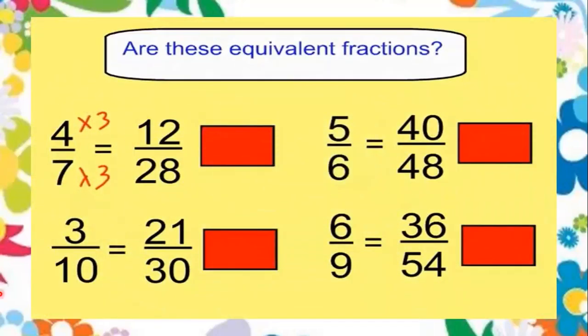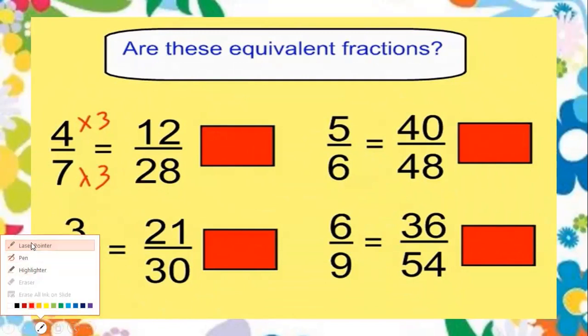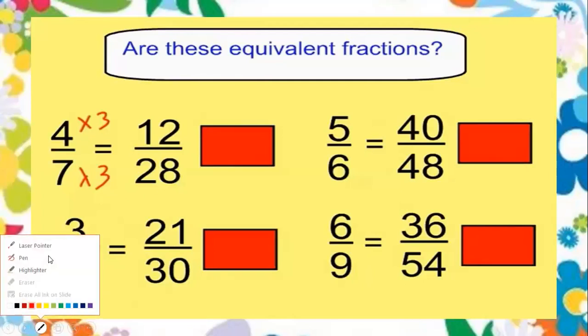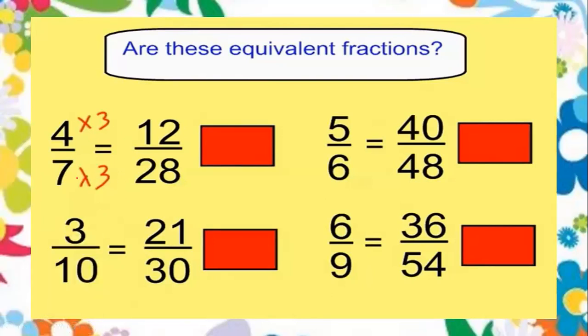Now here you can see that two fractions are given and you will see whether these fractions are equal. Here you can see that if we multiply 4 by 3, we get the answer 12 upon 28. So here 7 upon 7 multiplied by 3, but when we multiply 7 by 3, we get the answer 21.